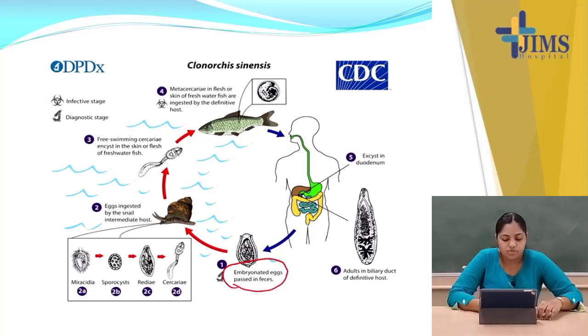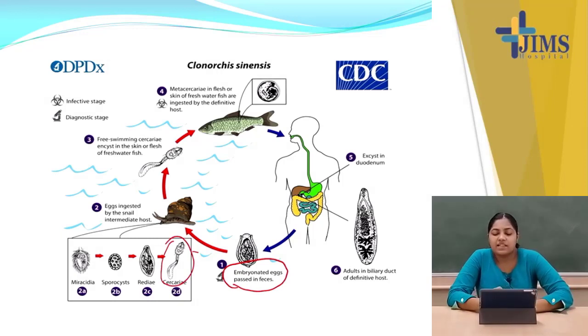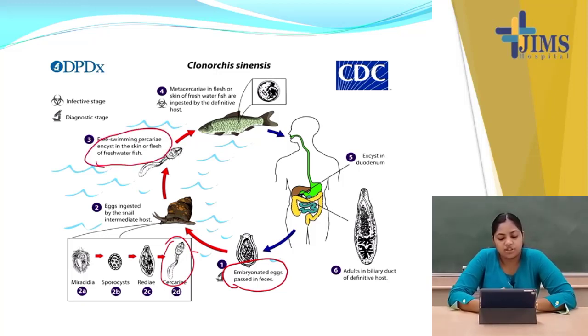This is converted into sporocysts, then first generation and second generation of rediae are seen, and Cercaria is finally seen. After this Cercaria is developed, it is engulfed by the snails, and again further Cercaria comes out into the fresh water.